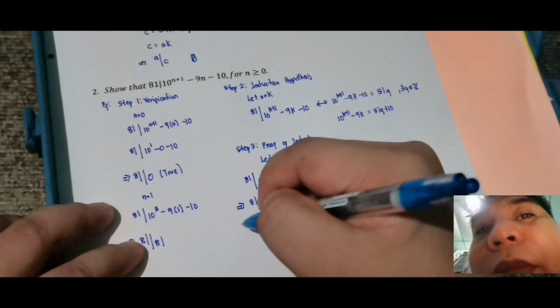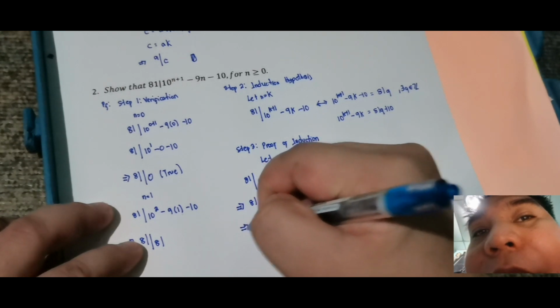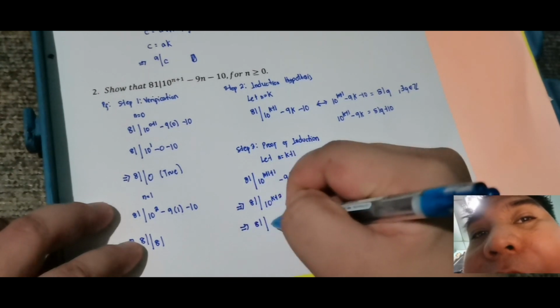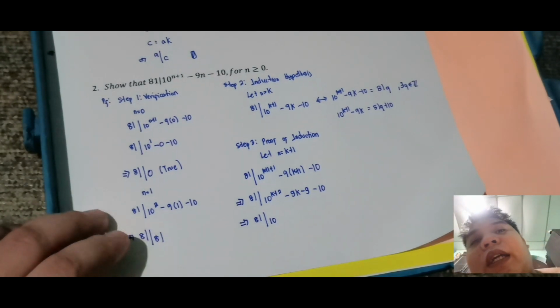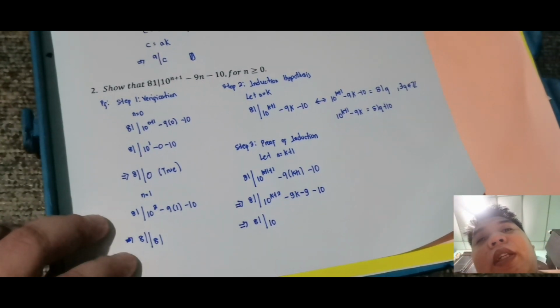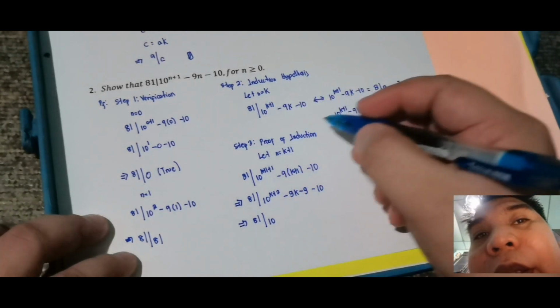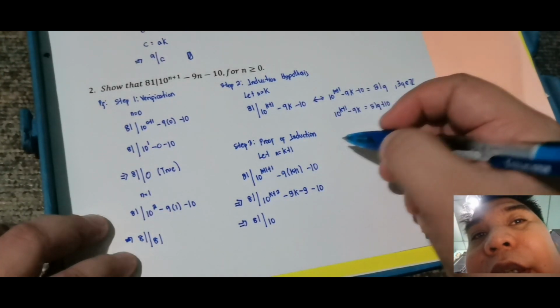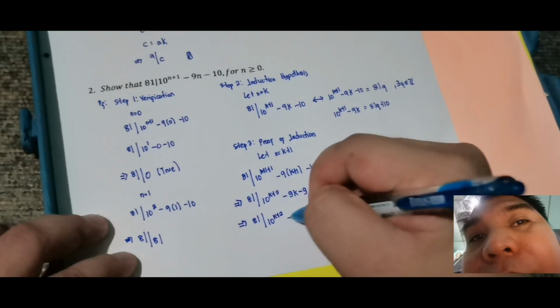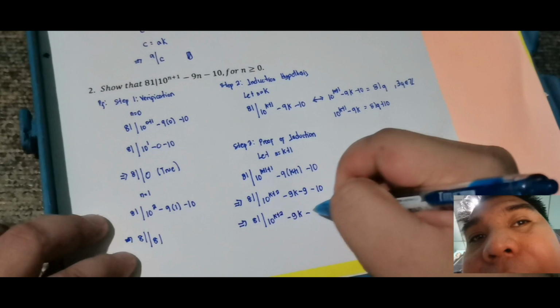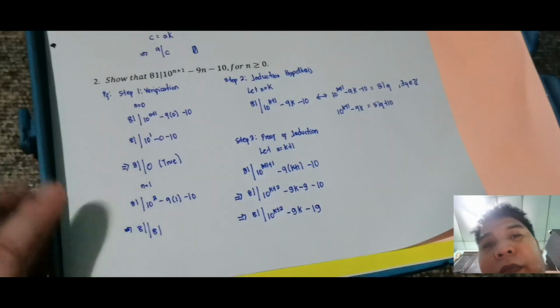Simplify further. This implies that 81 divides 10 raised to k plus 2 minus 9k minus 19.